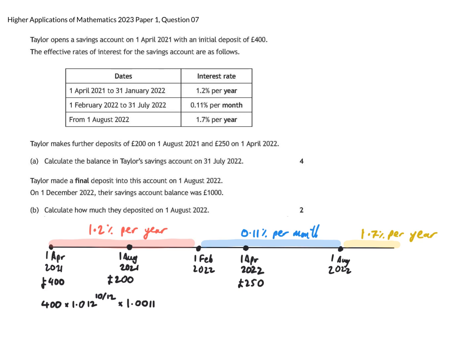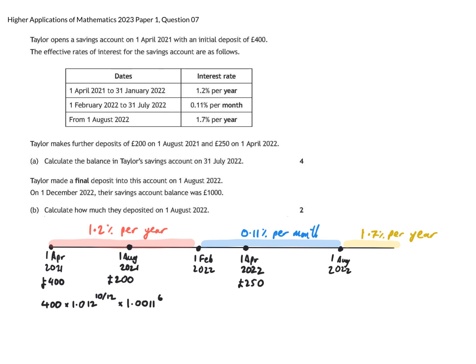And that will earn interest all through February, March, April, May, June, July, and that will take us up to the 1st of August, and we're not going to include August, so that was over 6 months. Now here, I want to take that to the power of 6, because this is a monthly interest rate. That's the £400 dealt with.